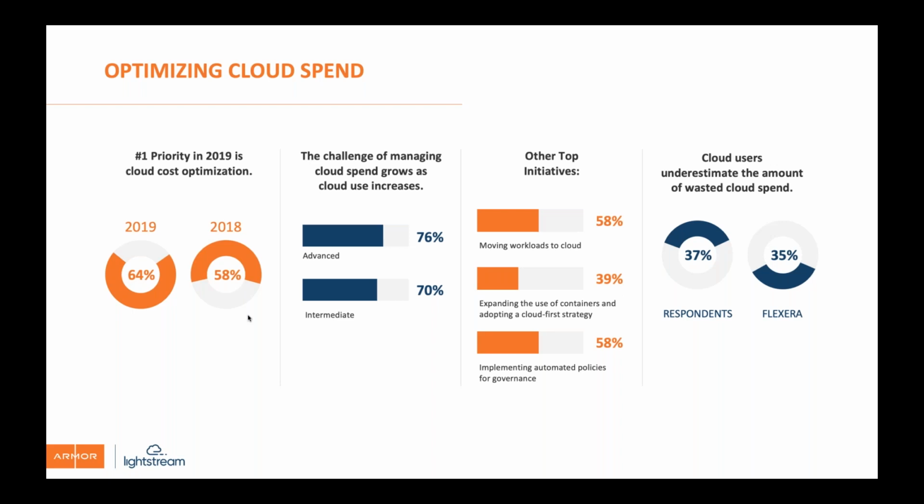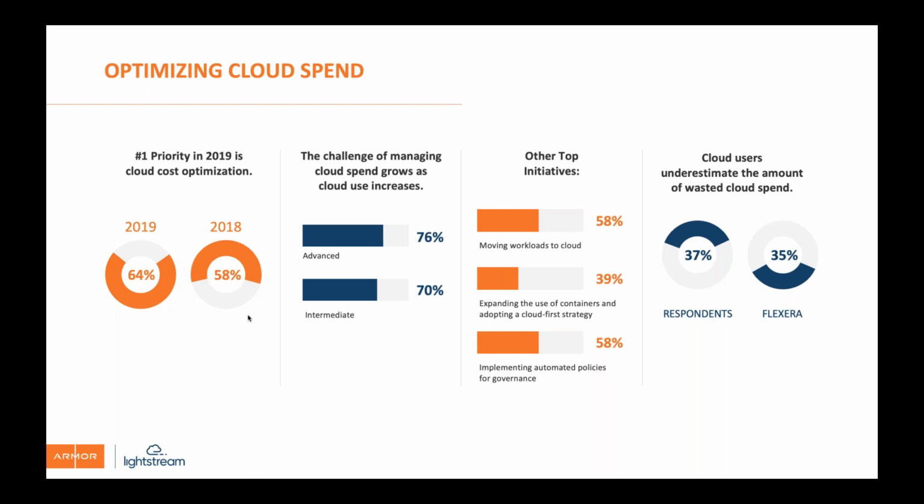It's instances being deployed that aren't being used, databases being deployed that are being underutilized, instances that are just over provisioned. The workload needs 1 CPU and 2 gig of memory, and 5 CPU or 6 CPU, depending on the workload, and 8 or 10 gig of memory are allocated, and we start seeing those costs go out of control, and we'll talk a lot more about that as well.